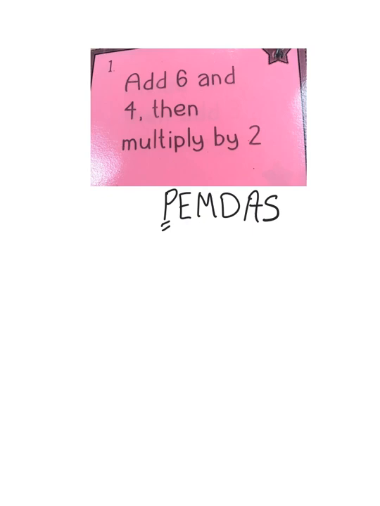So in example number 1, we're told to add 6 and 4, then multiply by 2. Since this part of the expression needs to come second, we need to use parentheses to show to do the addition first. So we're going to write open parentheses, 6 plus 4, close parentheses, times 2.